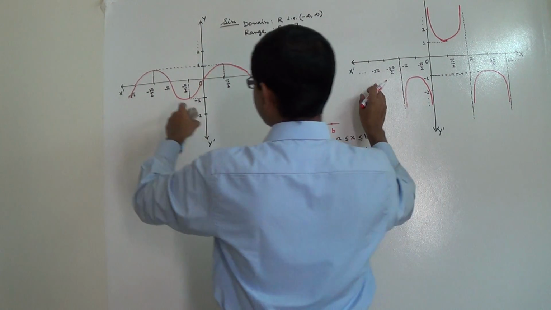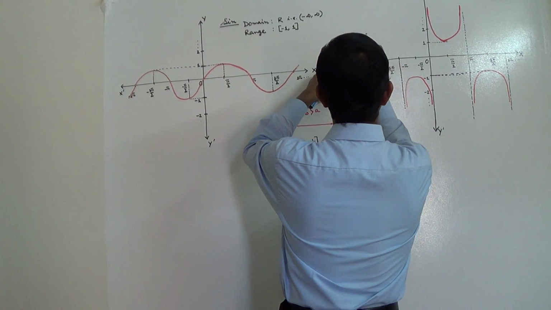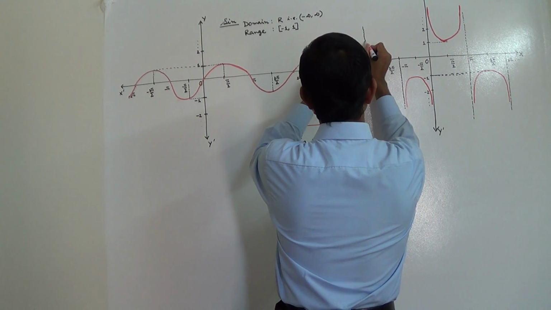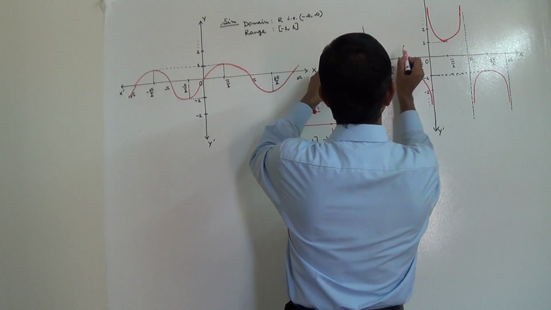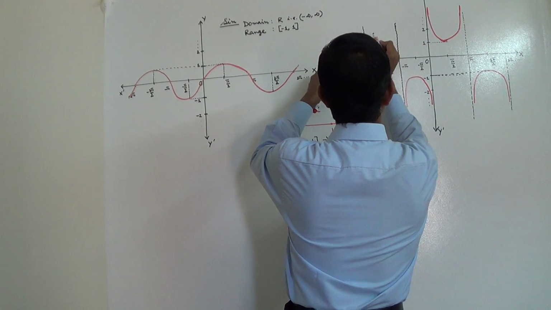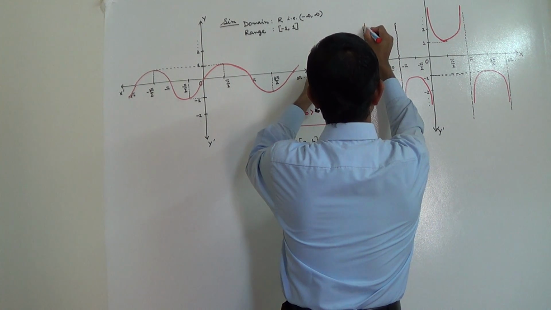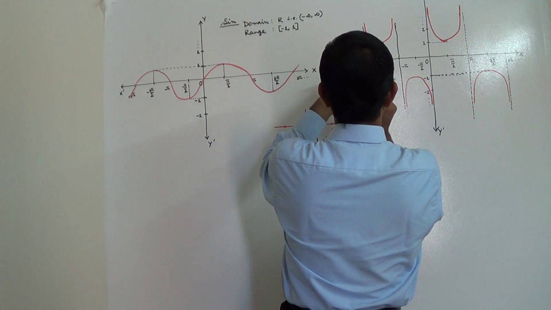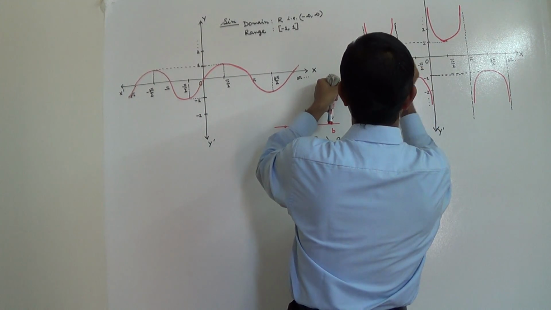Again, between -pi to -2 pi, this is -2 pi, it will be like this, and this is the value 1.